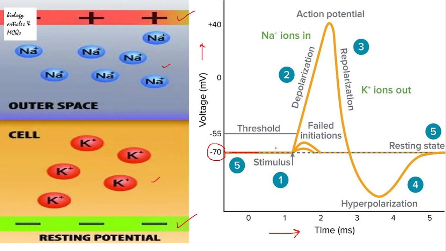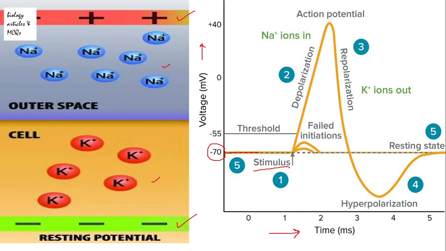A nerve impulse will be generated when we receive a threshold stimulus. And guys, the threshold stimulus is the minimum amount of the stimulus that is required to initiate a nerve impulse.